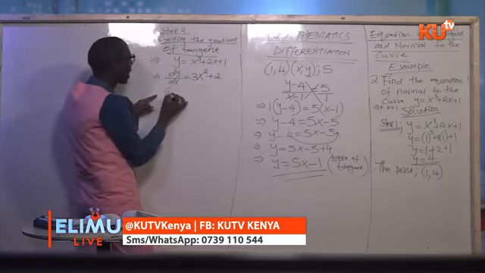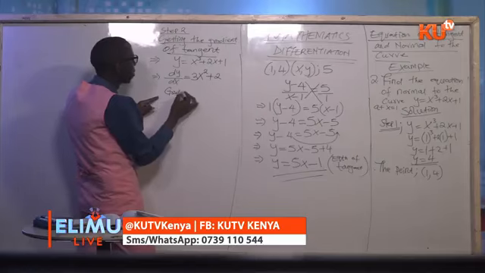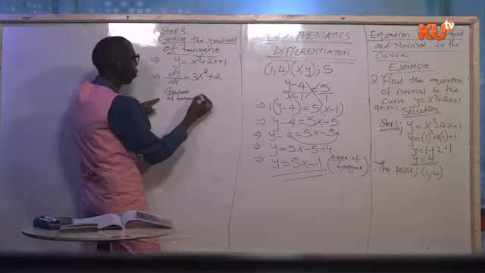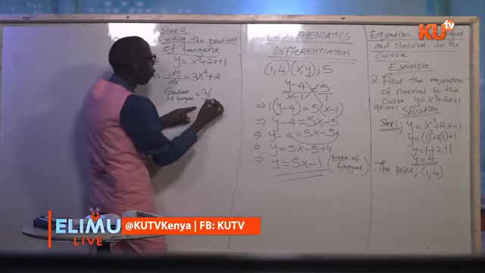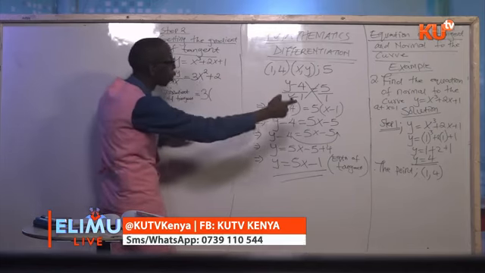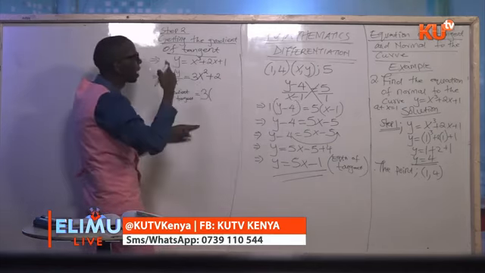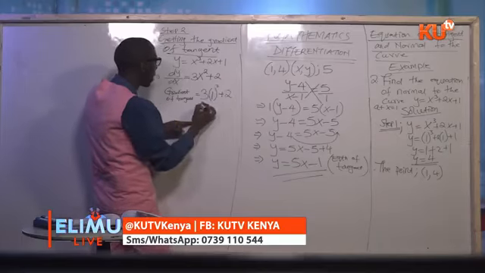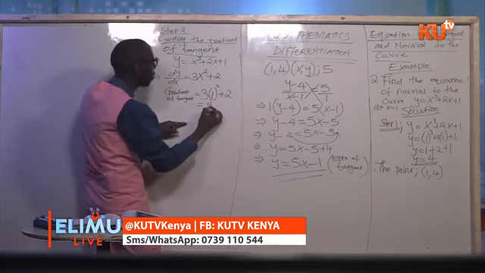That was the gradient function. To get the gradient of the tangent, where there is x we substitute with 1 because we were told that x is equal to 1. 3 times 1 squared plus 2. So the gradient of the tangent is 5.